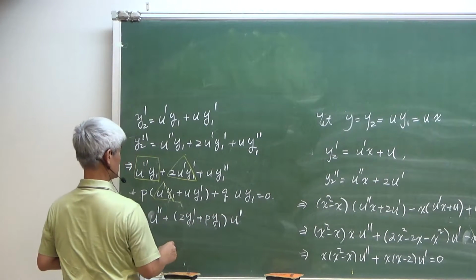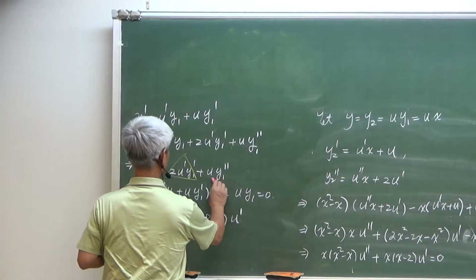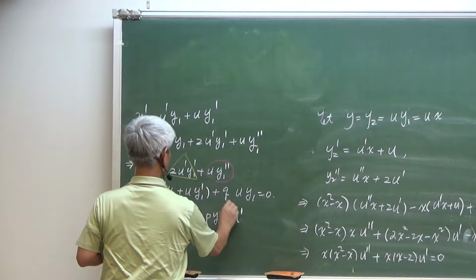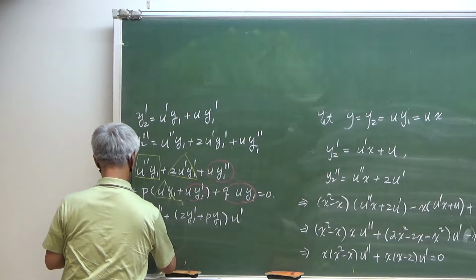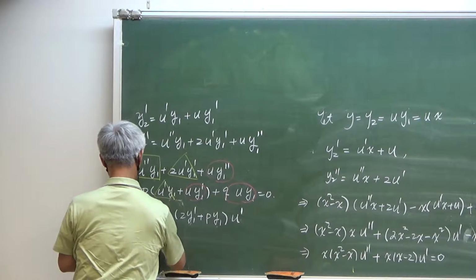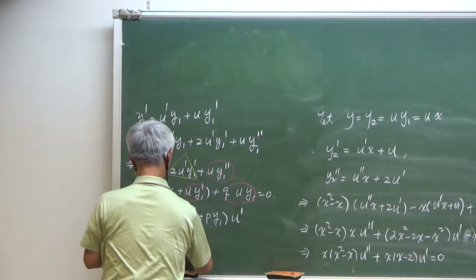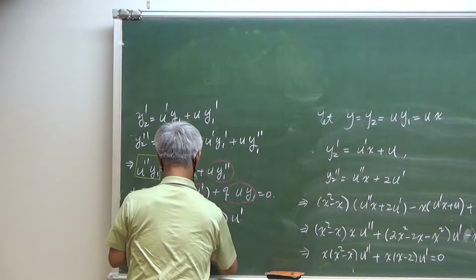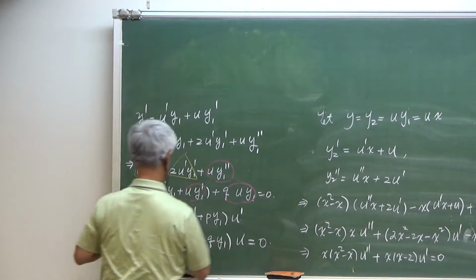Plus, about the u, you have u here and u here, so you have (y1 double prime plus p y1 prime plus q y1) times u equals 0.